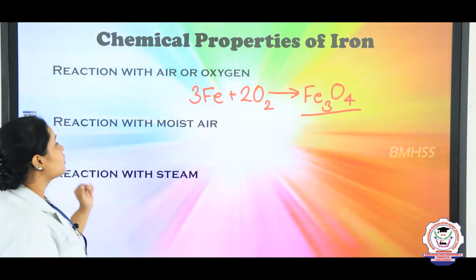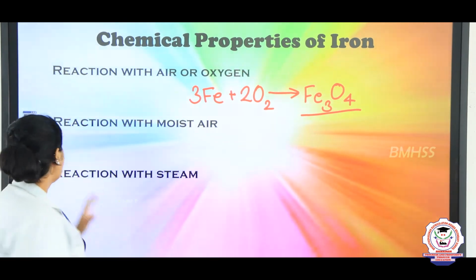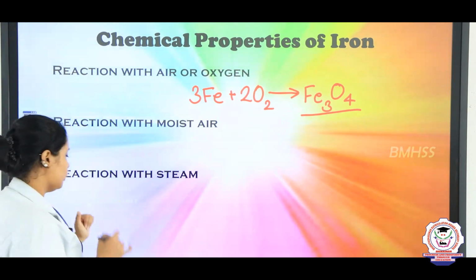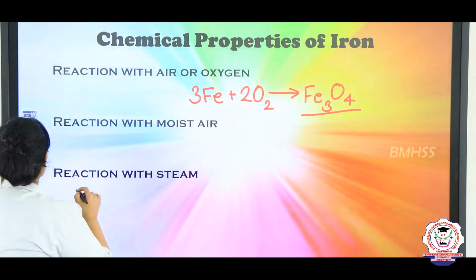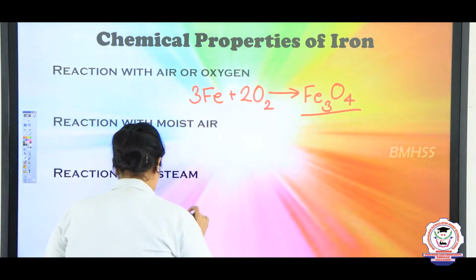Same way, if the reaction is happening with the moist air, what will happen? Let me show you. The reaction will go on as you are taking the 3 molecules of Fe.